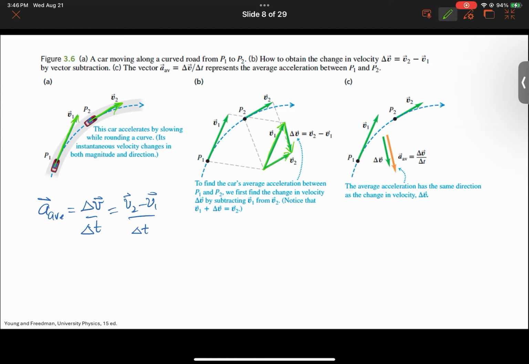If you divide it by time, then you get the average acceleration. So itong kulay orange na arrow na yan represents the average acceleration vector. Okay? Hindi sila necessarily magkapareho ng magnitude sa delta V, no? Kasi yung delta T is not necessarily equal to 1.